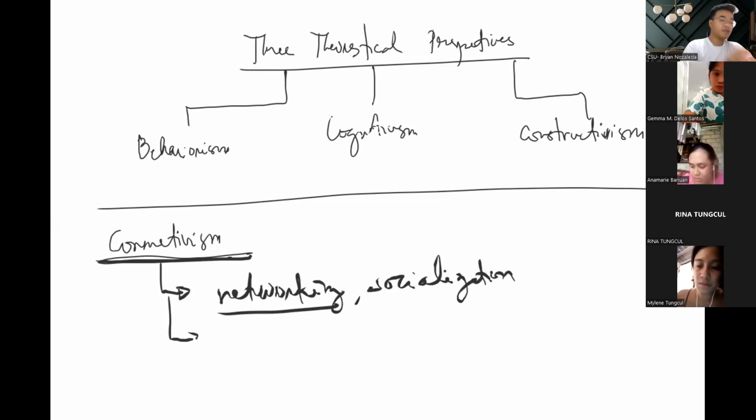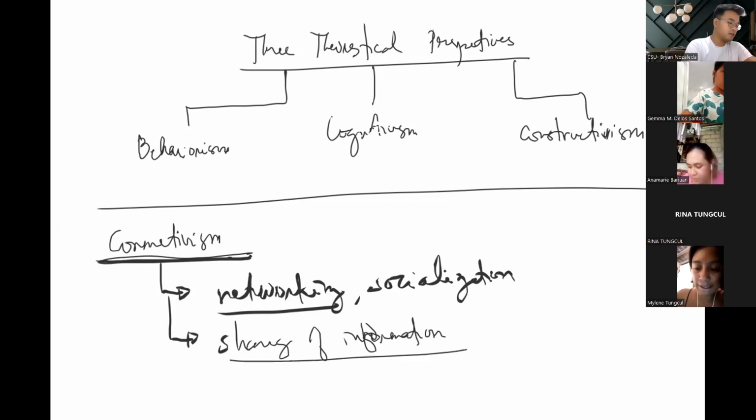It believes that learning best happens when information is shared with other people. Learning best happens when there's a sharing of information. So from the root word, anong ibig sabihin ng connect? Diba? From the word connect. So when you connect with other people, learning best happens.